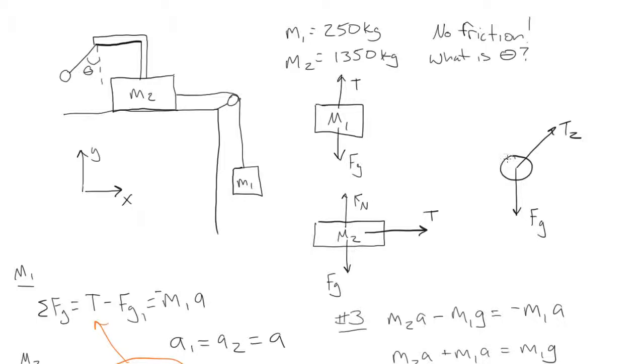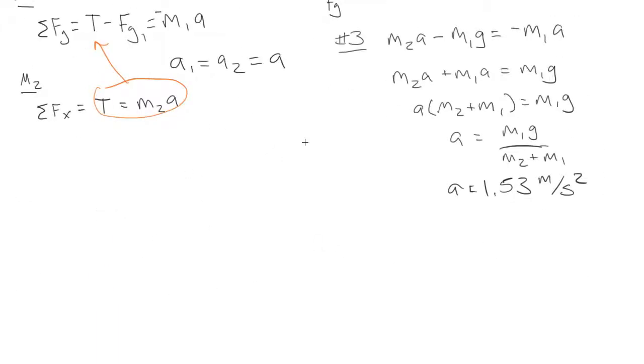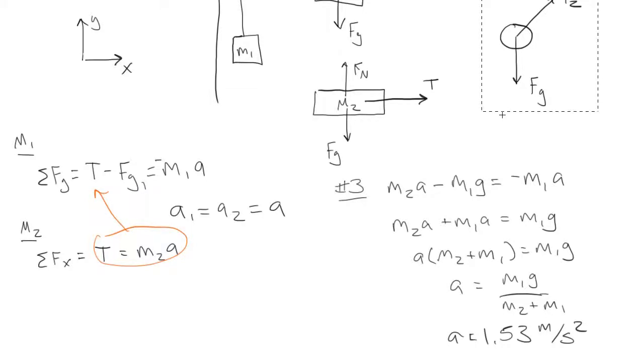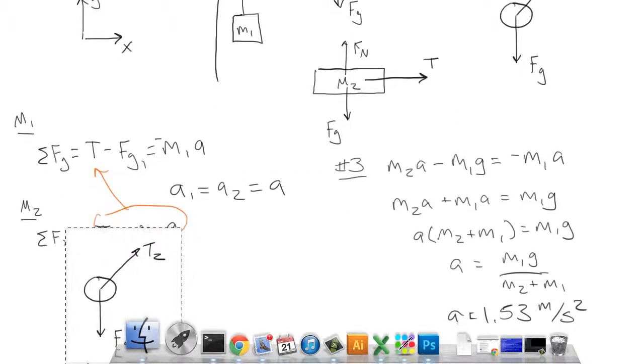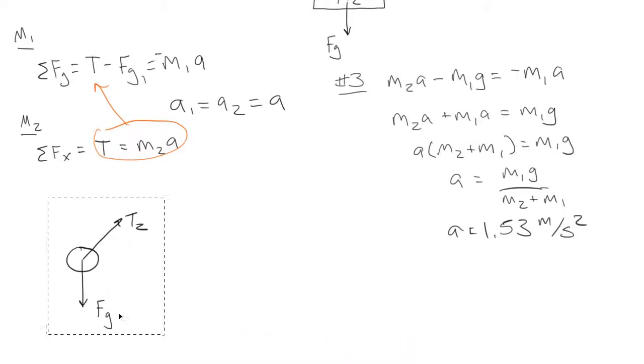So in order to get theta, let's see if I can do this. I need to look at this. Actually, all I want to do is this. All right, I want to look at this guy.